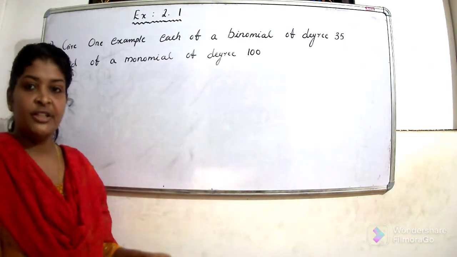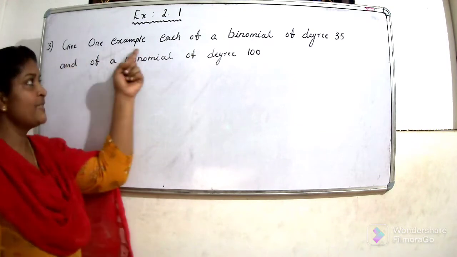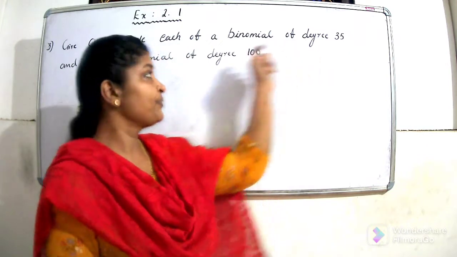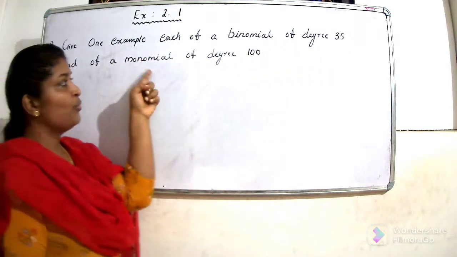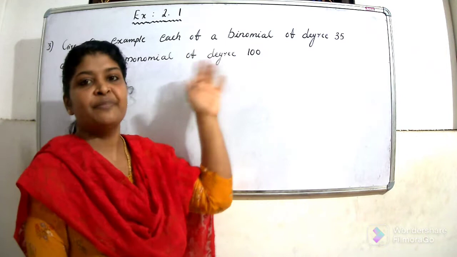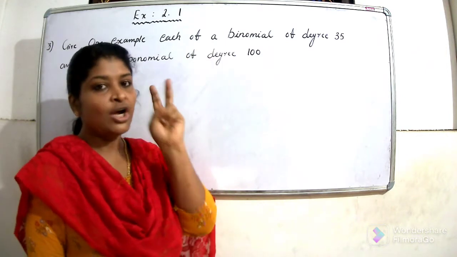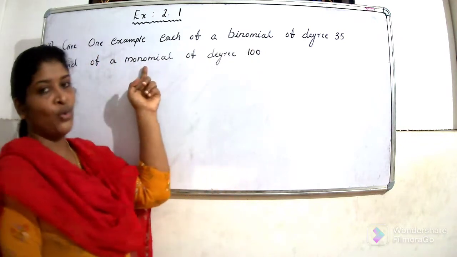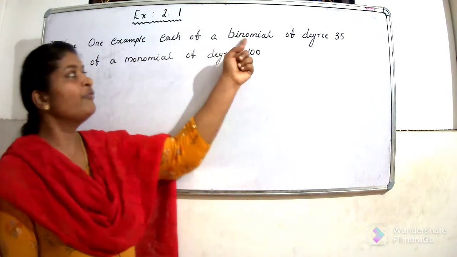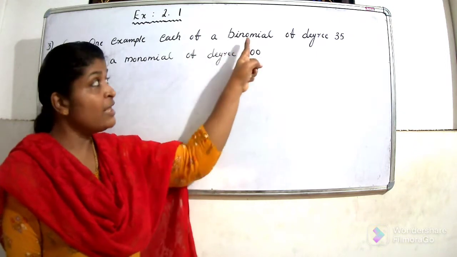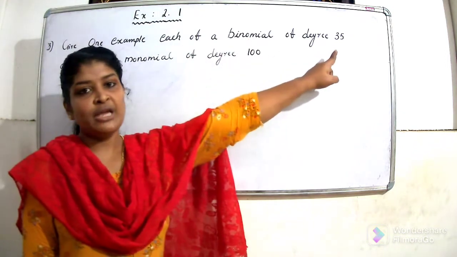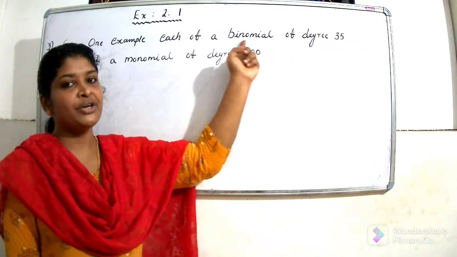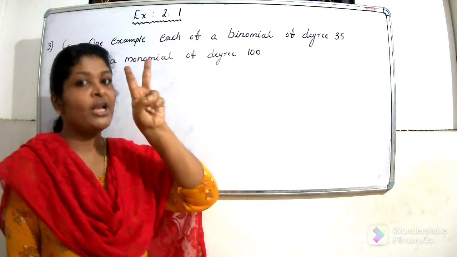Now let us check the third question. Give one example each of a binomial of degree 35 and of a monomial of degree 100. That means in this question we have to write two examples, one for a binomial and the other for a monomial. There is a condition: when we write a binomial, its degree should be 35. We know a binomial means a polynomial with 2 terms.